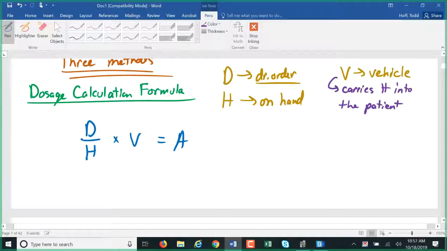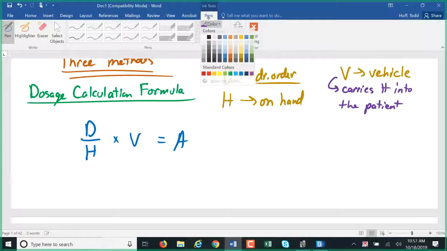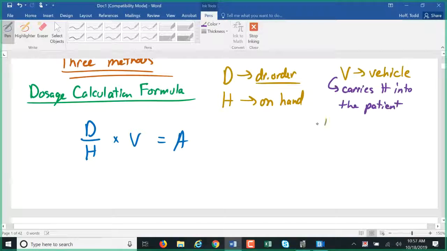So it's really hard to define the on-hand dose without knowing what the vehicle is. For example, if it's tablets, the tablet is the vehicle. The on-hand dosage is how much medication is in each tablet. A is what is administered to the patient.